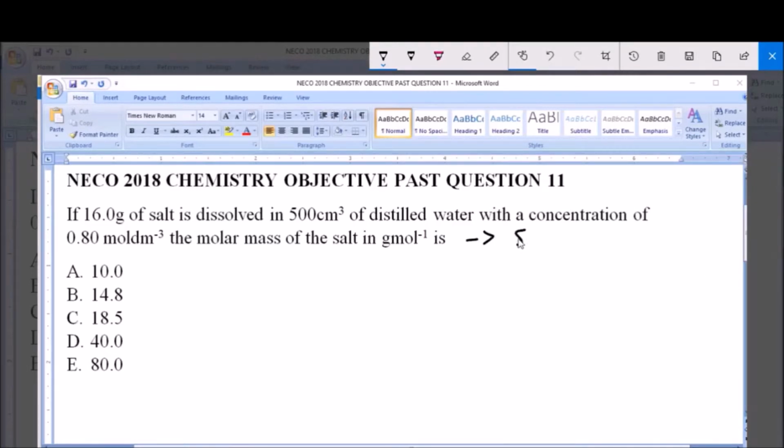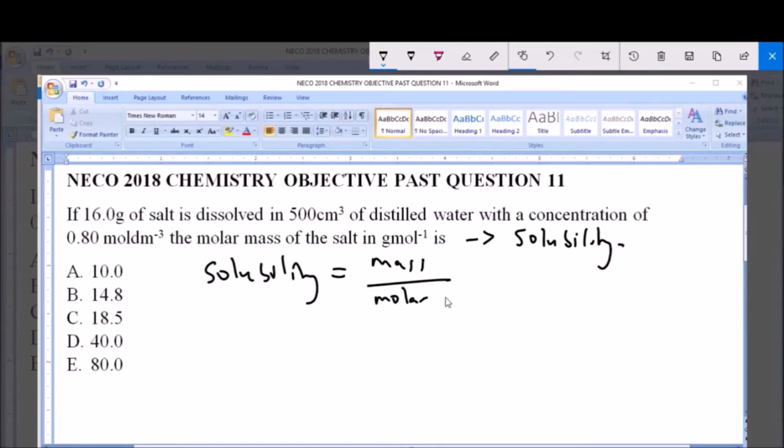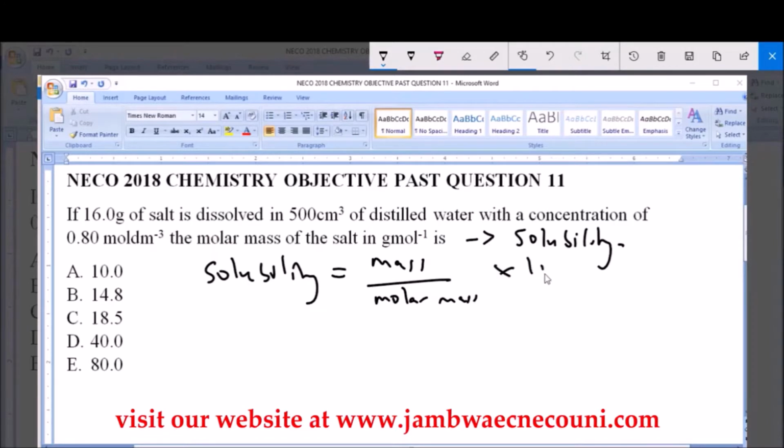So this question is a solubility calculation, and the solubility formula is given as mass over molar mass times 1000 over volume.